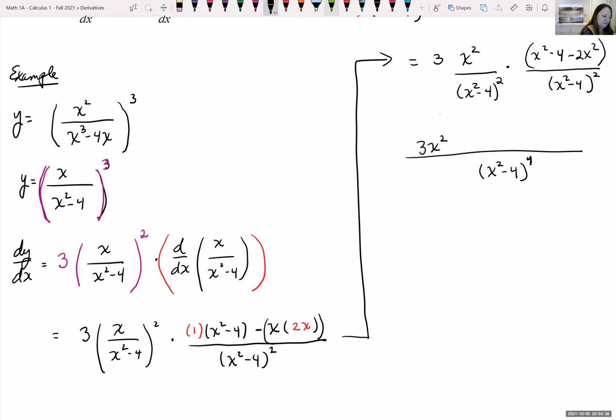Let's simplify inside the parentheses, because we have an x squared minus 2x squared. That's going to give me a negative x squared minus 4. I could technically pull a negative out there, but it's not going to help me simplify with the denominator, so I would probably leave it like that.